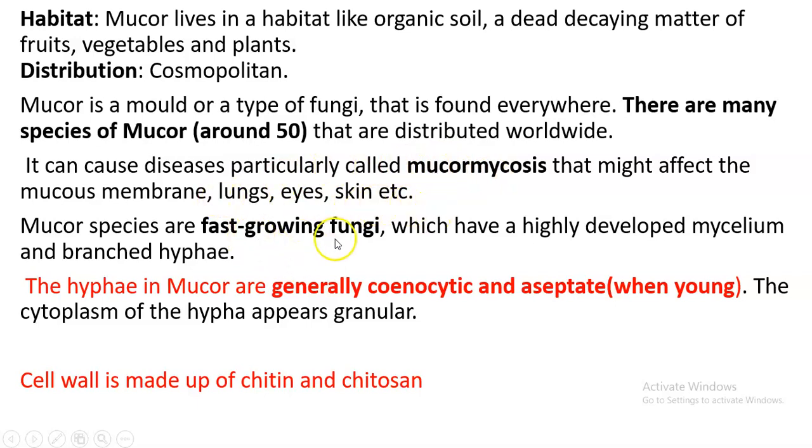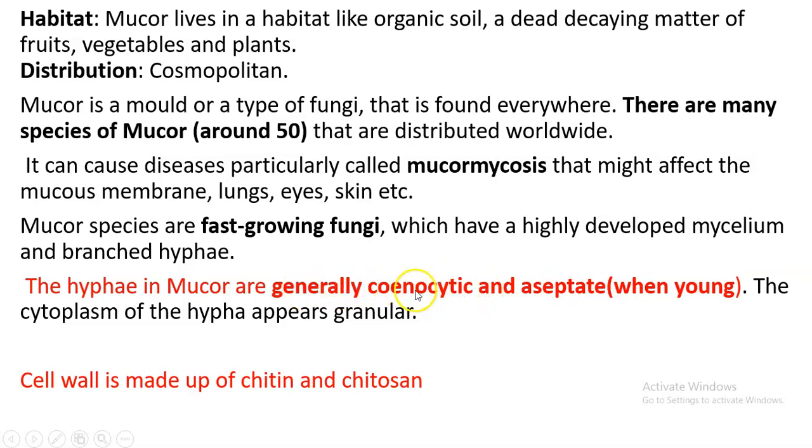It's a very fast growing fungus, and in the case of young Mucor, the body will generally be cenocytic and aseptate. There are no septa in young mycelia, but in some species when it is mature, you can see septa formation, and it is generally cenocytic. Cenocytic means without septa, with many nuclei.